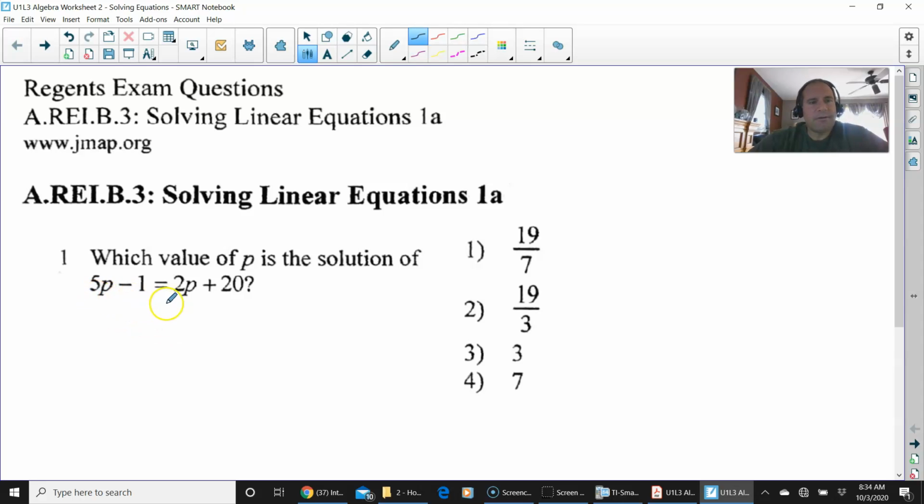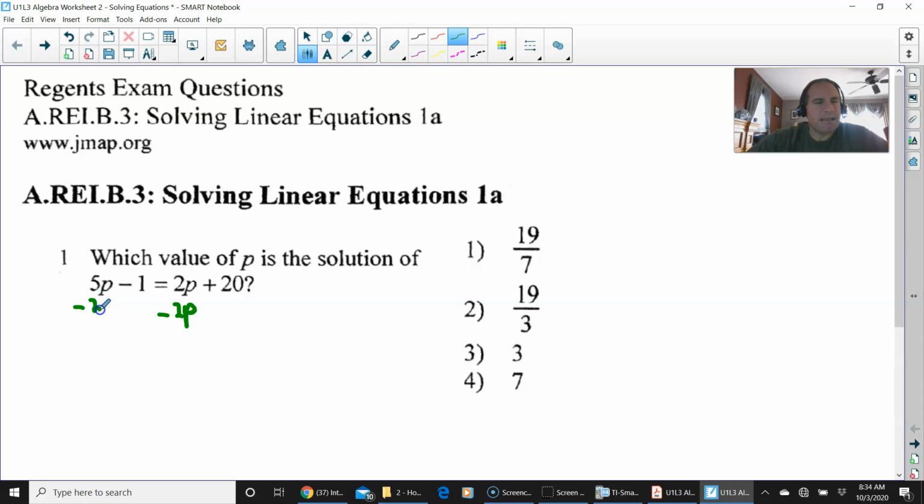When you have variables on both sides of the equal sign, we typically say this is a wall, and we are going to try to get the smaller variable over to the larger variable. So you would subtract 2p on each side.